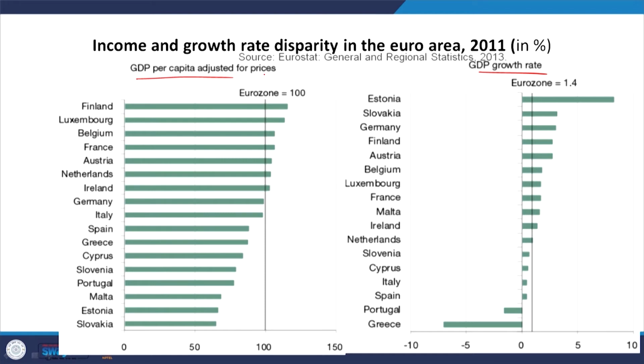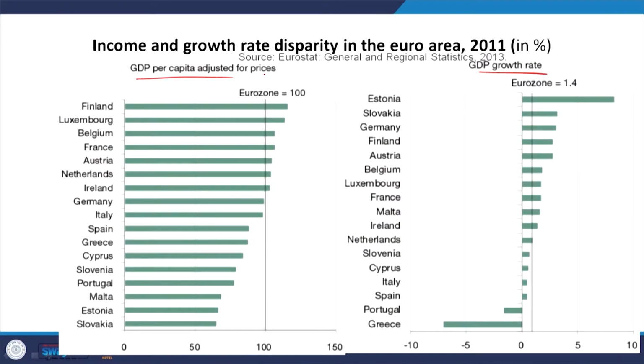So, we are just trying to understand the income growth rate disparity in the euro area in 2011 in percentage. As per Eurostat's general and regional statistics data of 2013, Finland, Luxembourg, Belgium, France, Austria, Netherlands, etc.